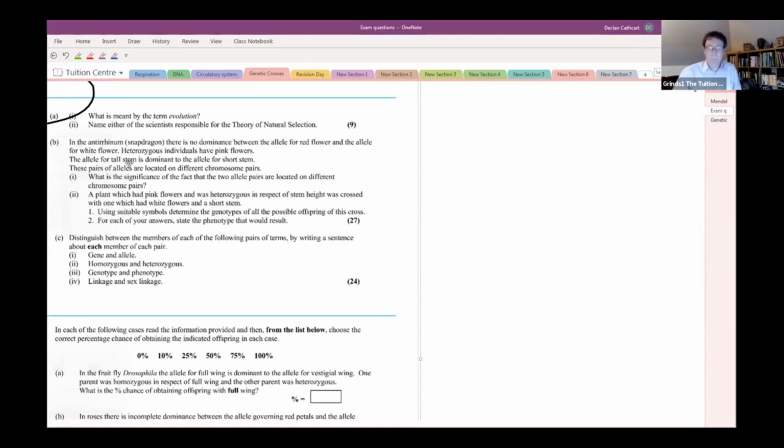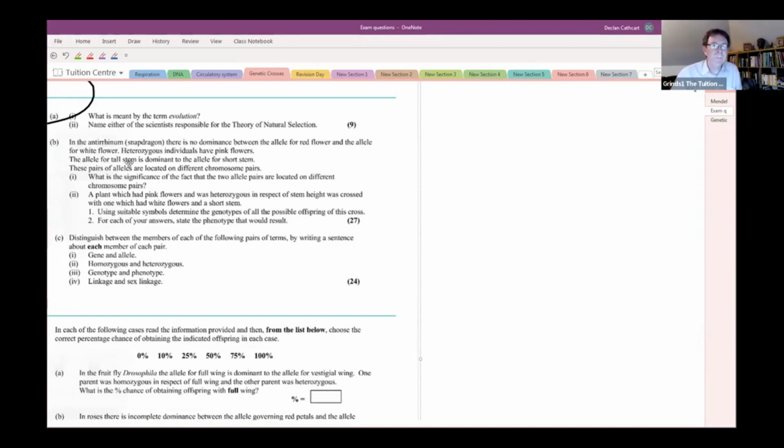So what that means, of course, is that they're not linked. And what they're looking for there is for you to say that because they're not linked, the law of segregation applies in this situation. Mendel's second law applies.